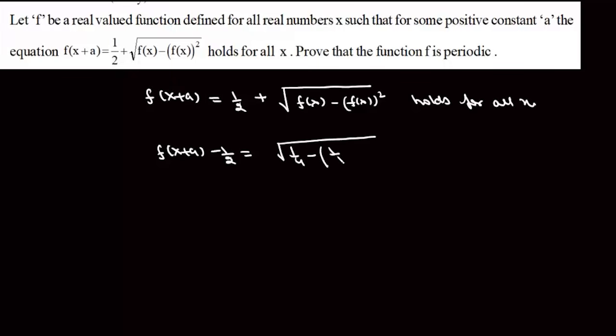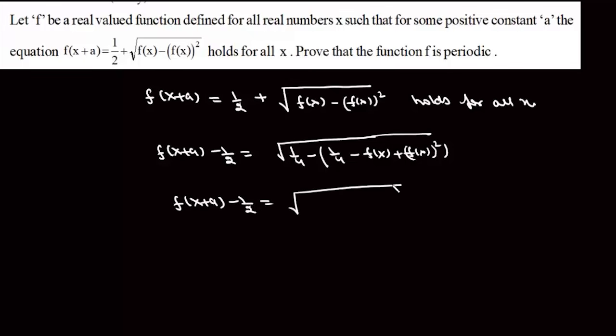So we can write 1/4 - f(x) + f(x)², and it'll be f(x + a) - 1/2, and it'll be this under root of 1/4 - (f(x) - 1/2)².